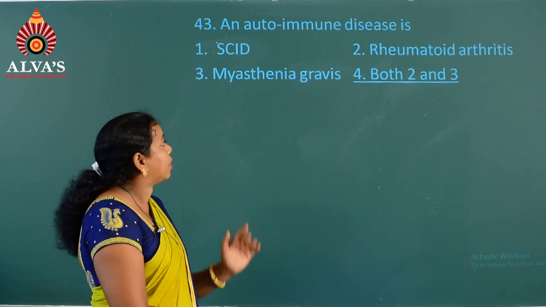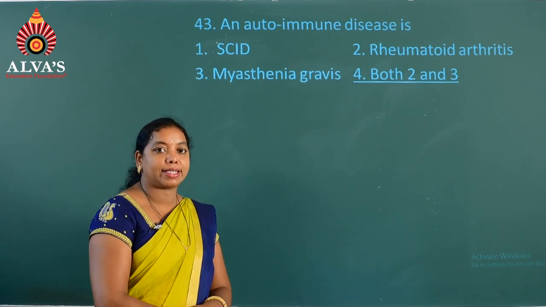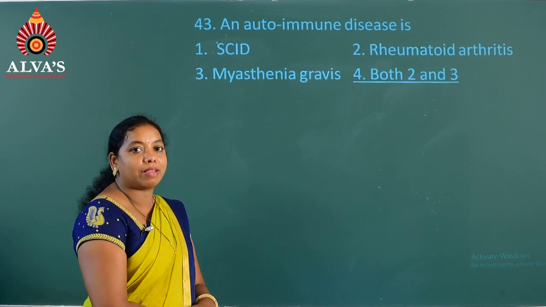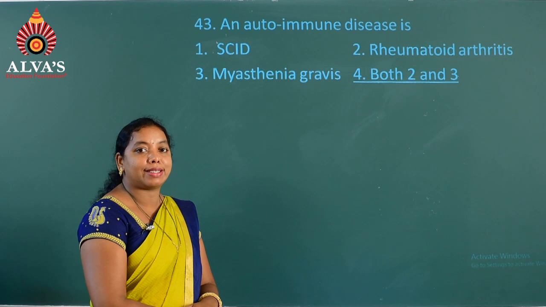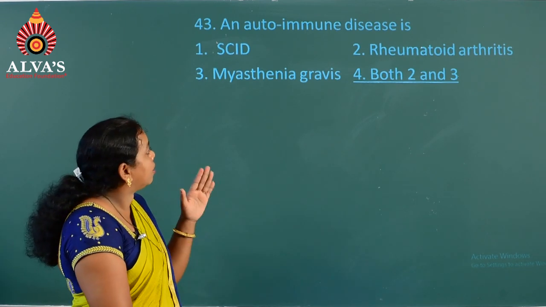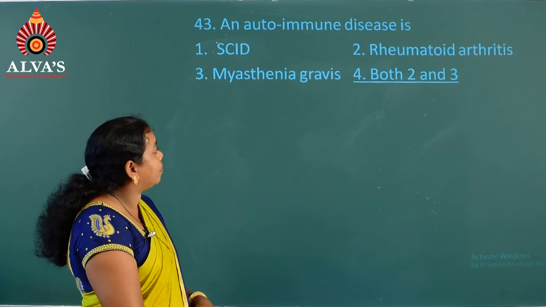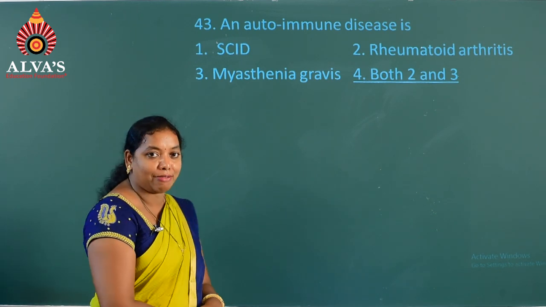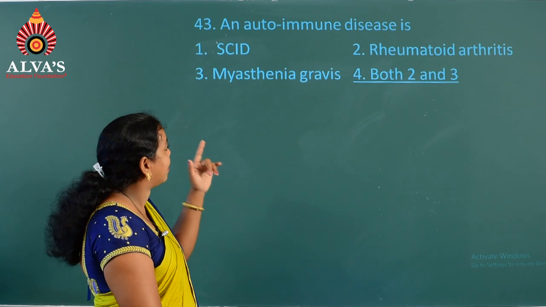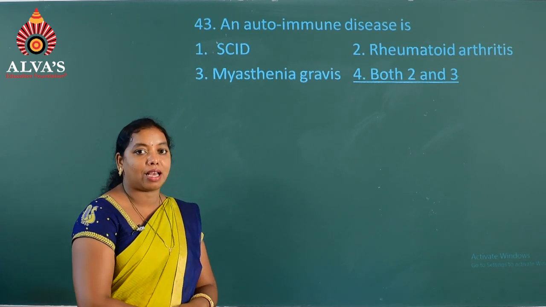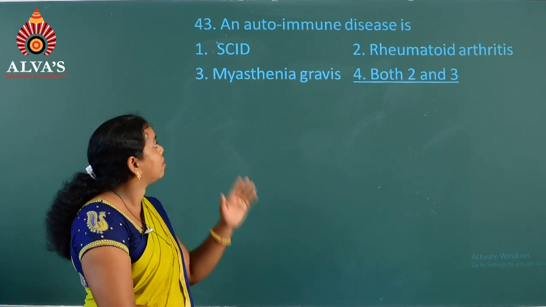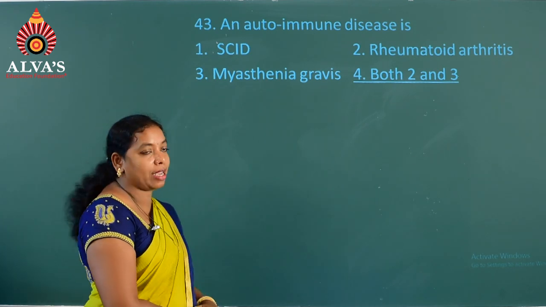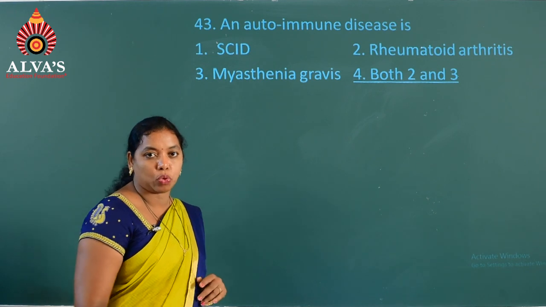The first option, SCID, means severe combined immuno disorder, or severe combined immune disease. The second is rheumatoid arthritis and the third is myasthenia gravis. Rheumatoid arthritis as well as myasthenia gravis are the two important autoimmune disorders. Hence the answer for question 43 is both 2 and 3, that is the fourth option.